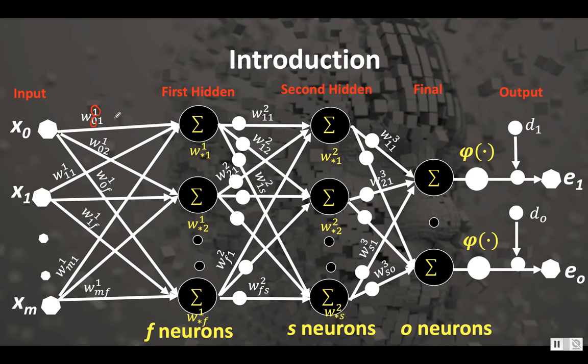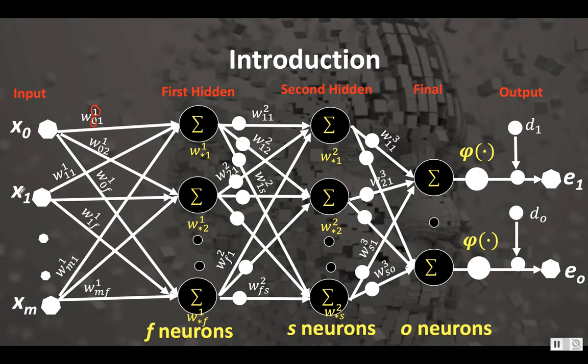And this 1 means it goes to the first neuron. So the weight from the first input to the second neuron is w^1_02. The superscript 1 means the first hidden layer, the first subscript 0 means still from the 0 input, and the 2 means to the second neuron.